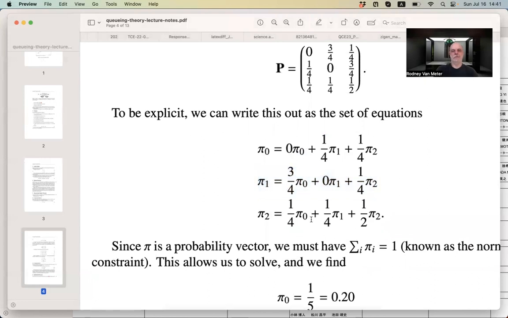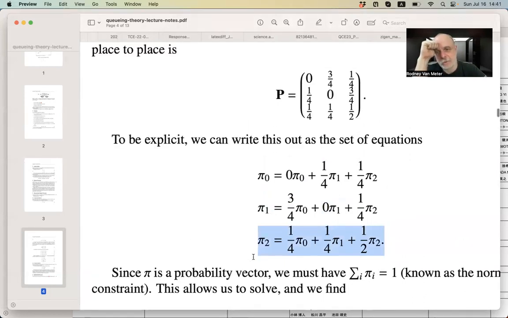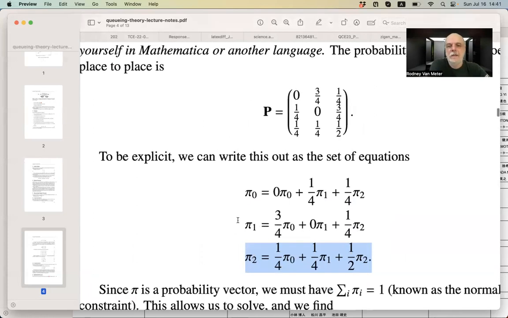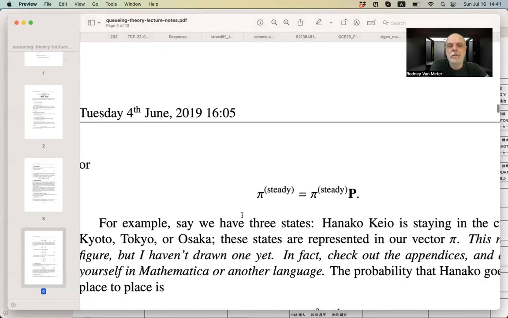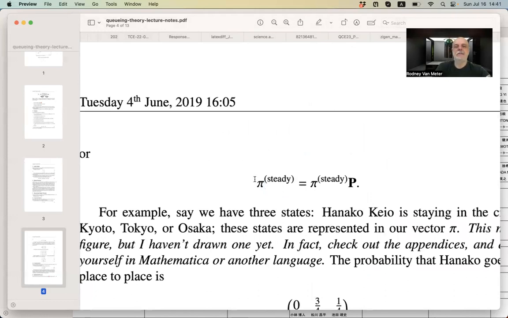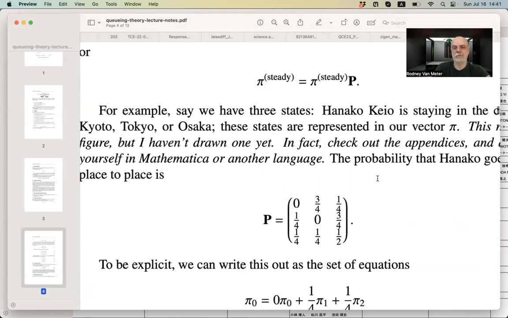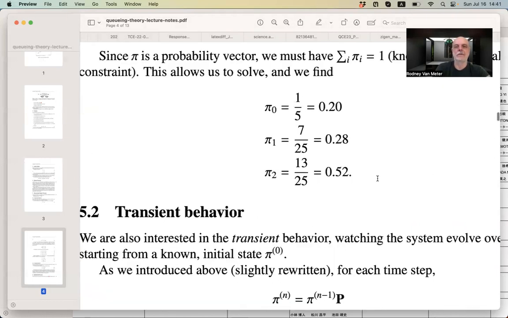And pi 2 would have to equal 1/4 pi 0 plus 1/4 pi 1 plus 1/2 pi 2, just like the third column there. If these equations hold true, then the vector pi we're holding corresponds to the steady state of the system, or corresponds to the eigenvector of this.